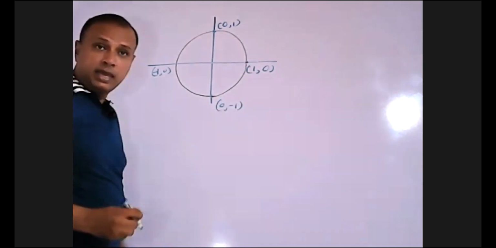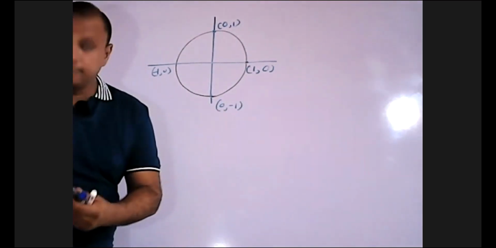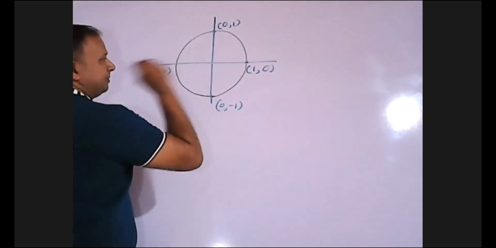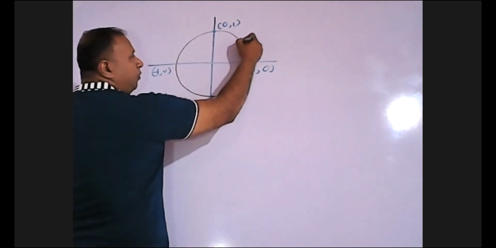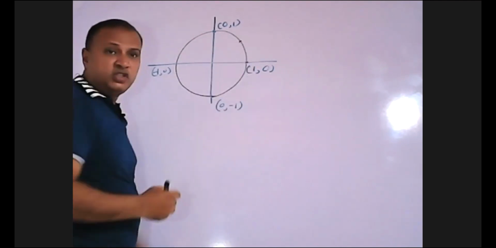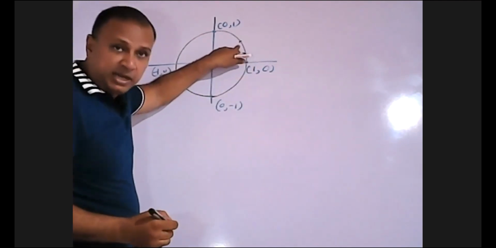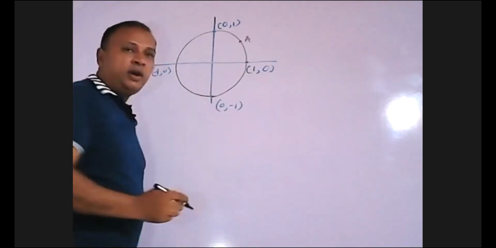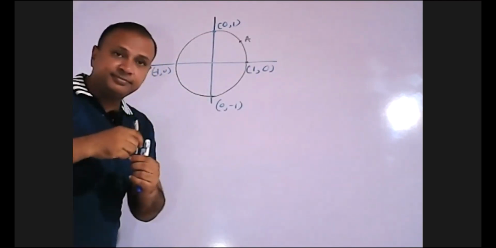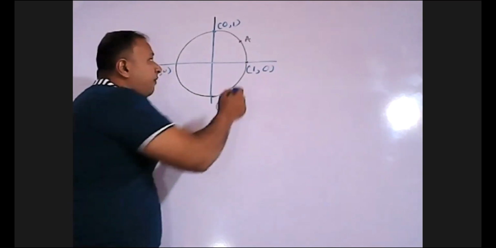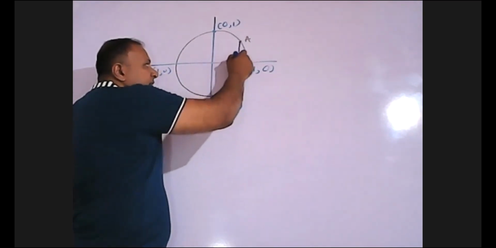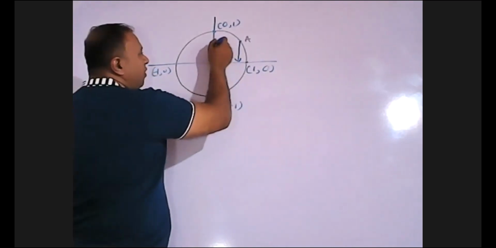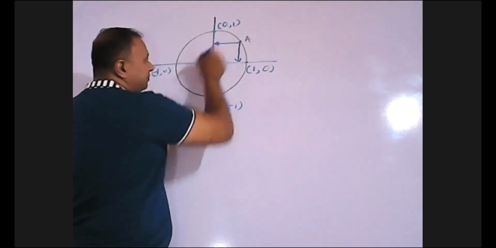Okay, everyone, please listen to me very carefully. Look at this. If you select this point, what is the x value of this point? The x value of this point is this one, and the y value of this point is this one.